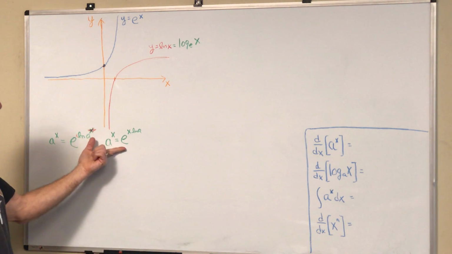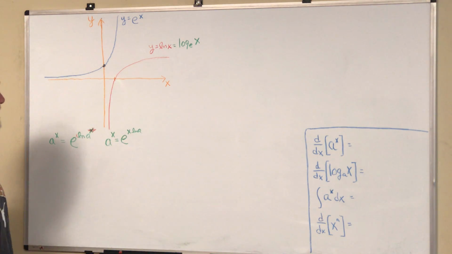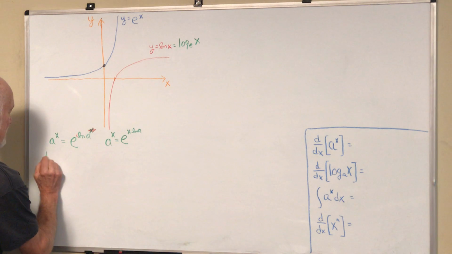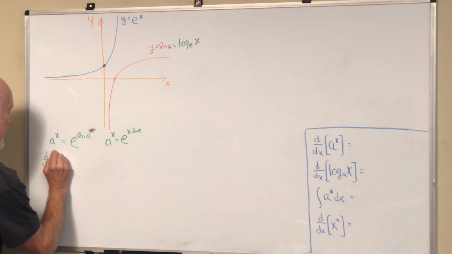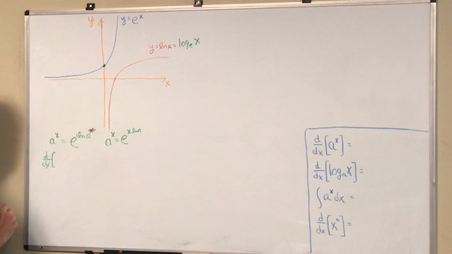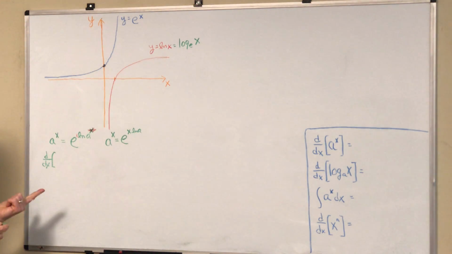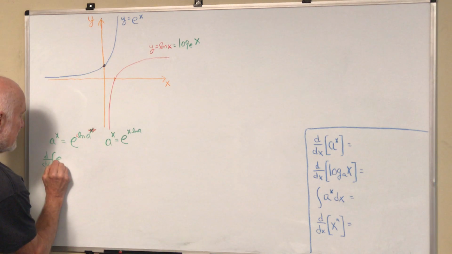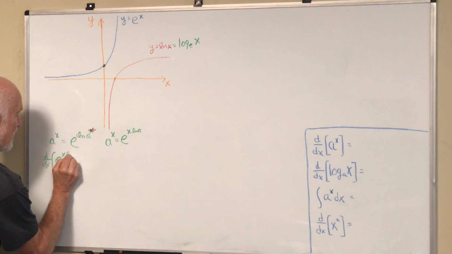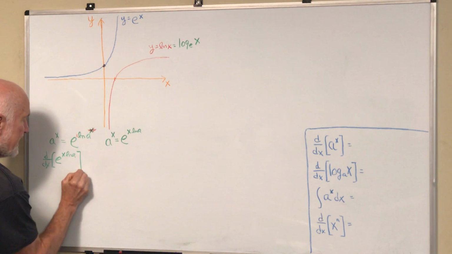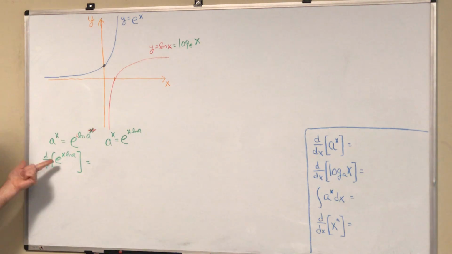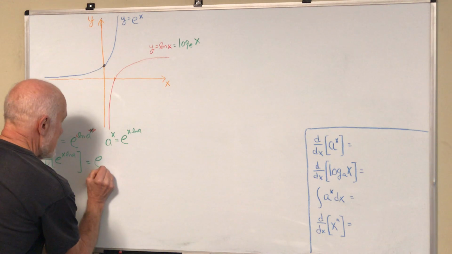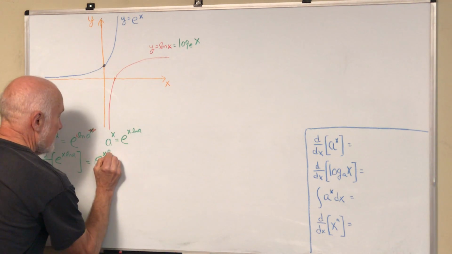Well, once we've done that, can we find a derivative? What's the derivative of a to the x? If we're going to look for the derivative of a to the x, we should look for the derivative of e to the x times the natural log of a, because we already know how to do that. The derivative of e to something is just e to whatever that is.